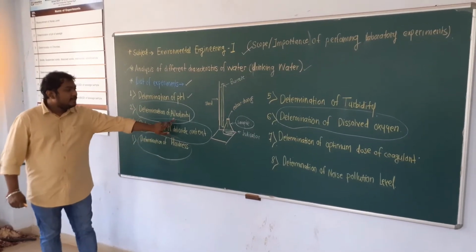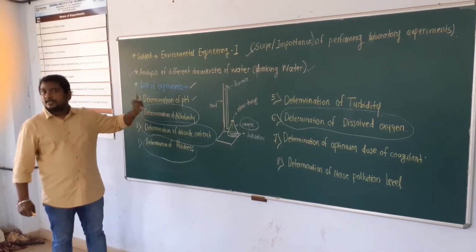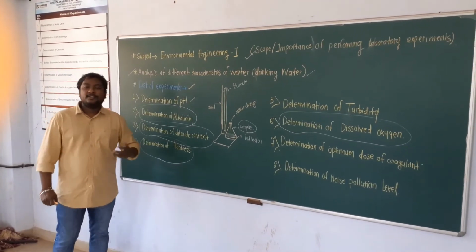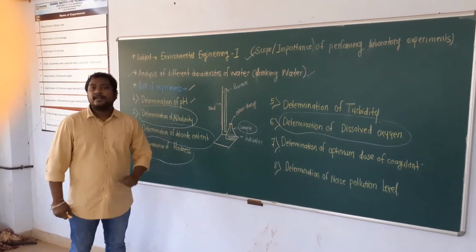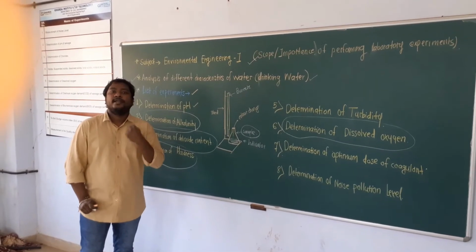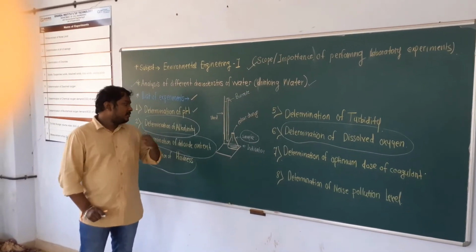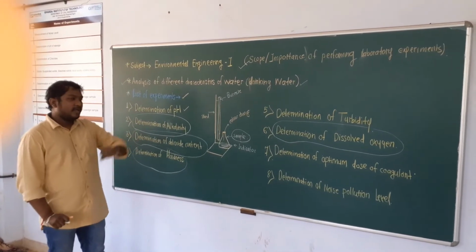Alkalinity is also an important experiment. Why? Because you have performed titration in your 12th or first year engineering also, but alkalinity is a 2-stage titration. You will use 2 indicators at a time. A very unique experiment, determination of alkalinity.